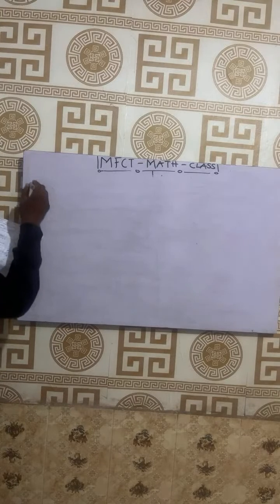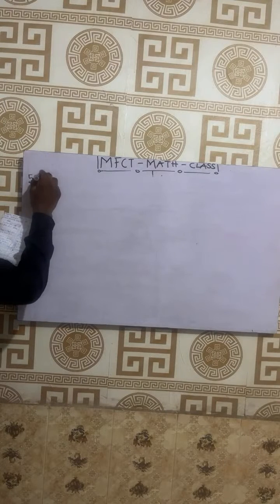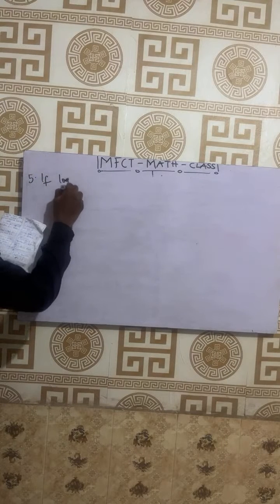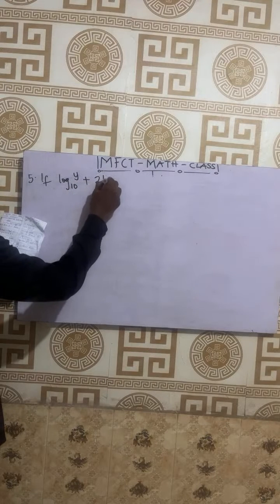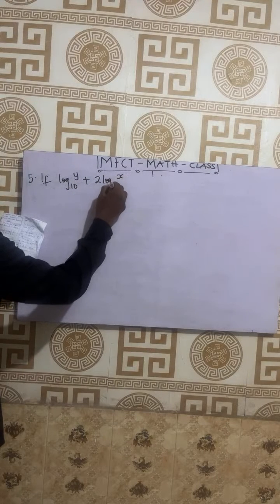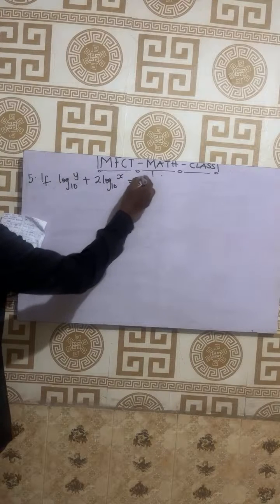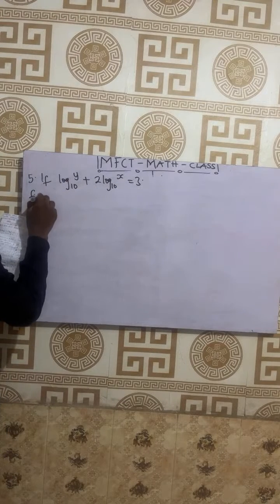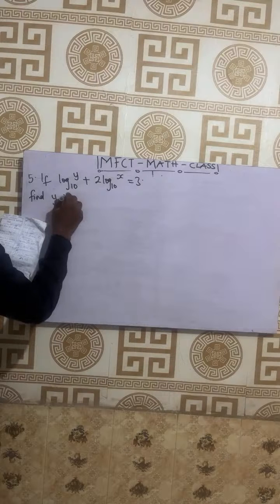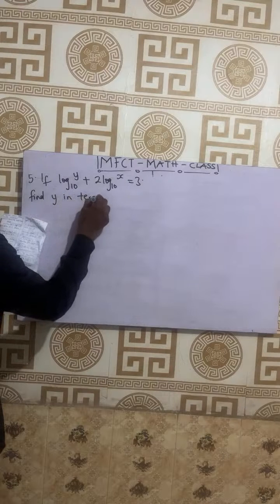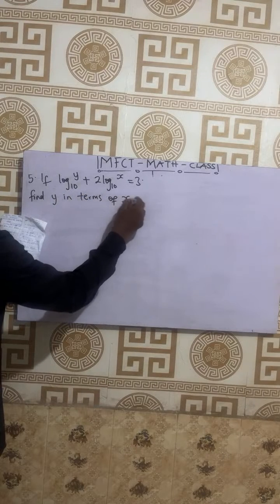So the first question I have here is question number 5 for tonight. If log y base 10 plus 2 log x base 10 is equal to 3, find y in terms of x.